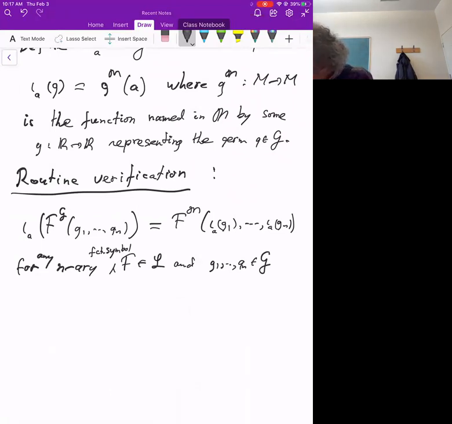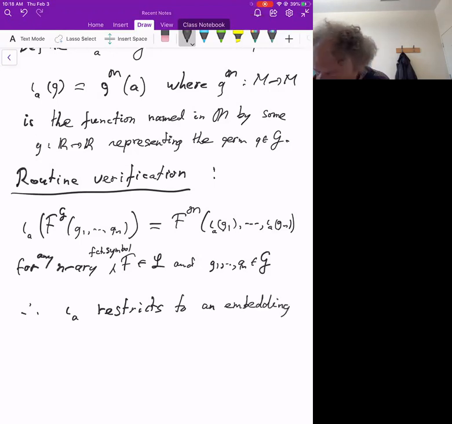And then iota A, when you restrict it to D, is actually an embedding. Iota A restricts to an embedding, that means it's in particular from D to M, script M now.